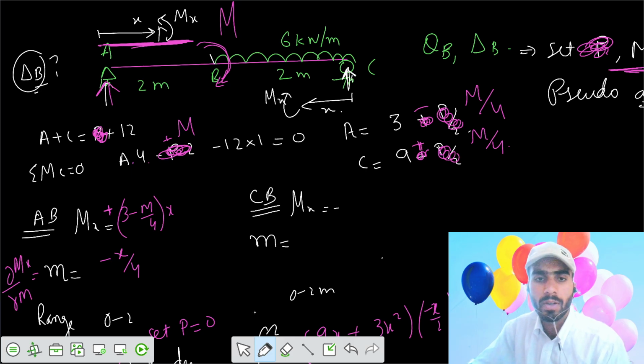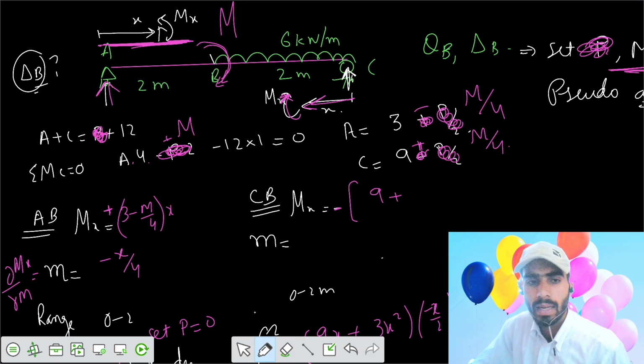And for this part, if you want to say what is the value of moment at any x, that's a moment, that moment is clockwise. That means that's minus times, you can do it by yourself also, minus times, then you have that reaction C of 9 plus M by 4.